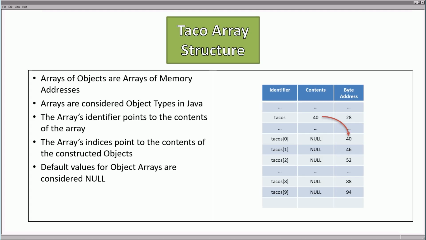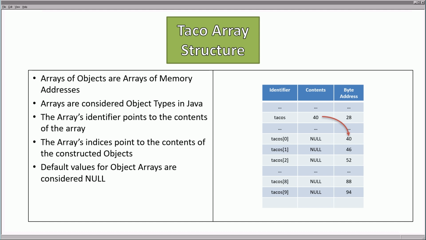Before we get to that, let's go over a couple of very important elements that were discussed in the previous lecture. Now we're going to focus on the taco manager, and before we get to that, we need to discuss an array of objects. First of all, an array of objects is simply an array of memory addresses. In Java, arrays are also considered to be a class type.